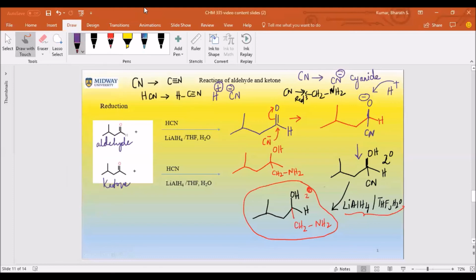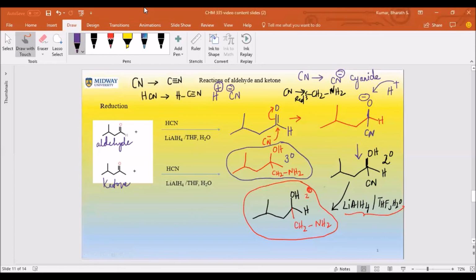If you start with an aldehyde, you end with a secondary alcohol, because the carbon containing the OH contains one hydrogen. Whereas if you start with a ketone, you end with a tertiary alcohol because the carbon containing the OH contains no hydrogens. That's very important to remember.